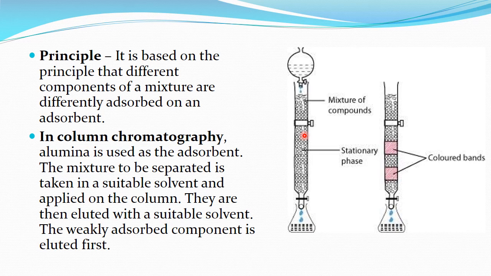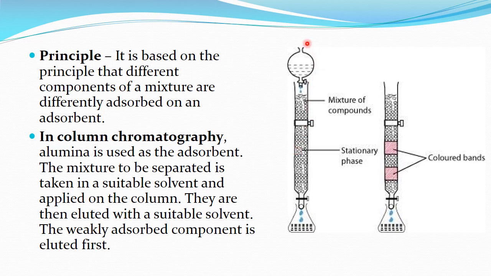And the main adsorbent, one example of an adsorbent is alumina, Al2O3, and the interior of the column is pasted with the adsorbent. This adsorbent is also called the stationary phase because it is an immobile phase.